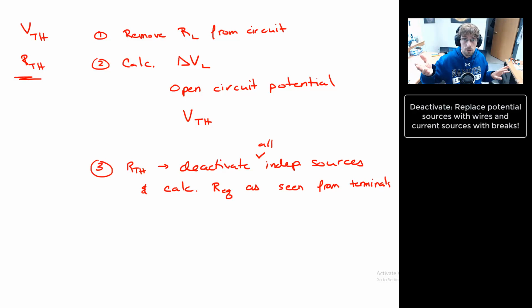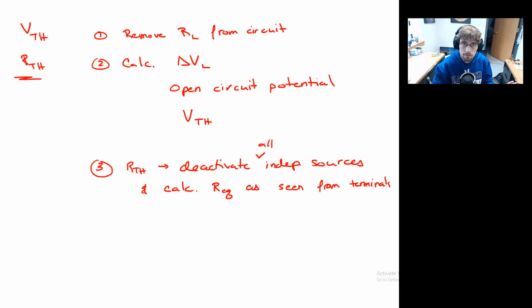sources in the circuit. So anywhere where you have an independent current supply, put a break. Any place where you see an independent potential supply, put a wire. Then, starting from one terminal, calculate the equivalent resistance to get to the other terminal.